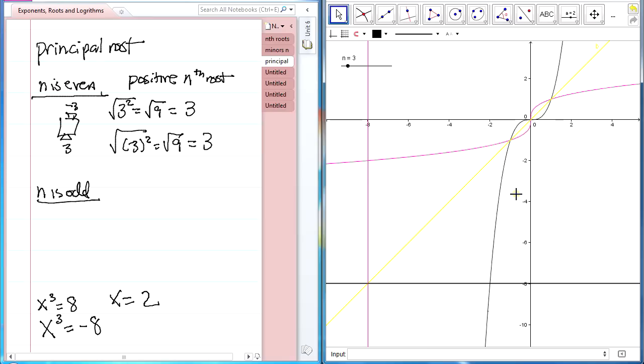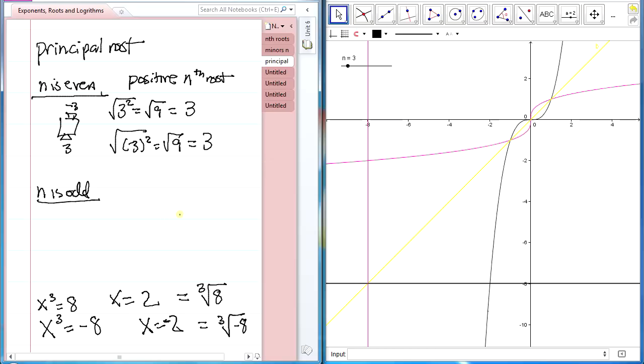So in this situation, x equals negative 2 can come out. I guess what I'm saying is the cube root of 8 is equal to 2, and the cube root of negative 8 is equal to negative 2. I don't have the same issues as I've had with the evens.